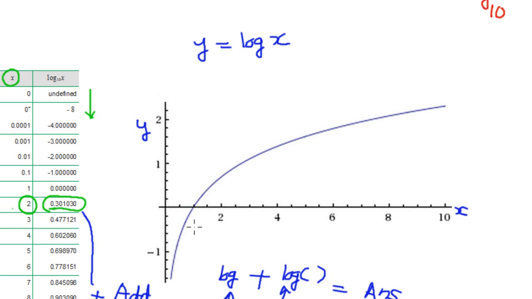As you give different positive values of x, you get different y values, and y is positive and negative as well. For any number greater than 1, the logarithm is positive. For any number less than 1, the logarithm is negative. Now as x approaches 0, the logarithm shoots to minus infinity. Okay.